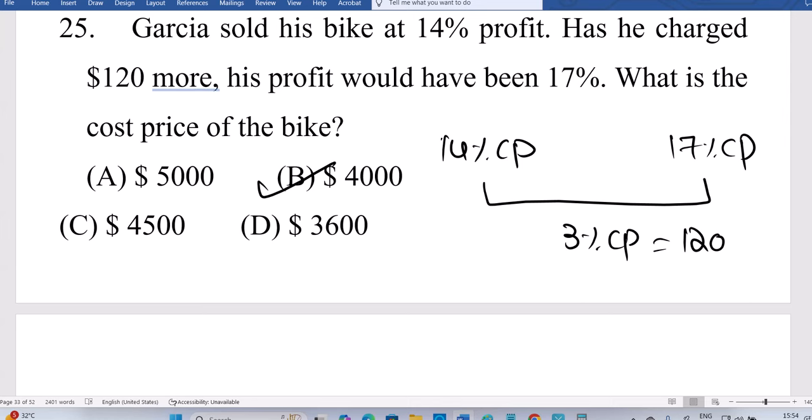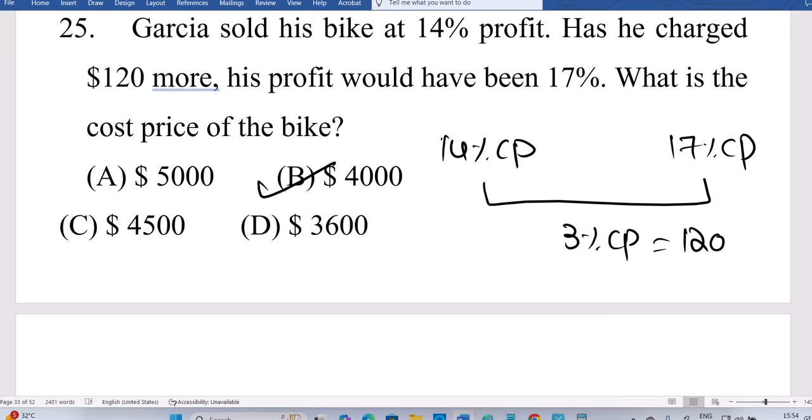Now one change, let me know whether you understand the concept or not. Initially 14% loss, listen, initially 14% loss, then due to charging 120 rupees more, you are getting 17% profit. Then what happened? Initially 14% loss, then you enter into 17% profit. In that case, I have to write minus 14. Minus 14 to plus 17 means 31%. Because that is the other question which they gave in that format.